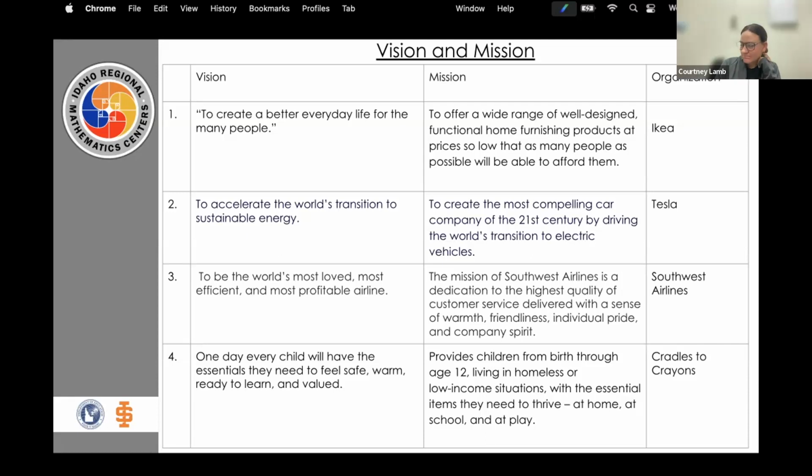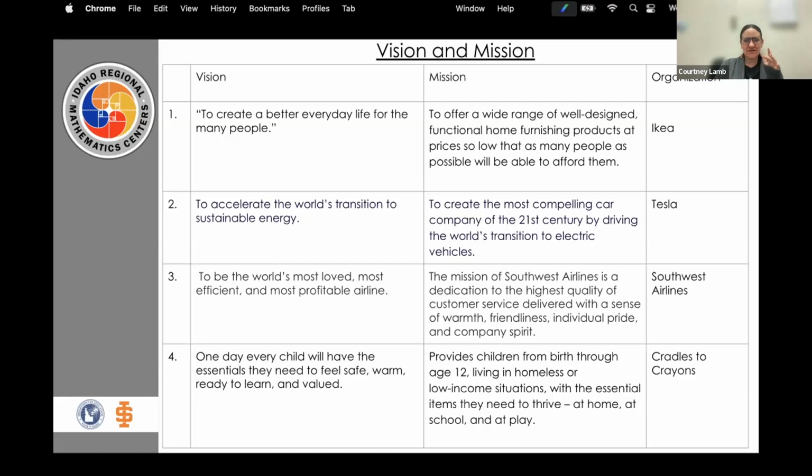It's beyond the scope of what they're doing. It's almost like the vision is pretty bold compared to maybe the mission. It catches your attention. Yes, it captures your attention, definitely.